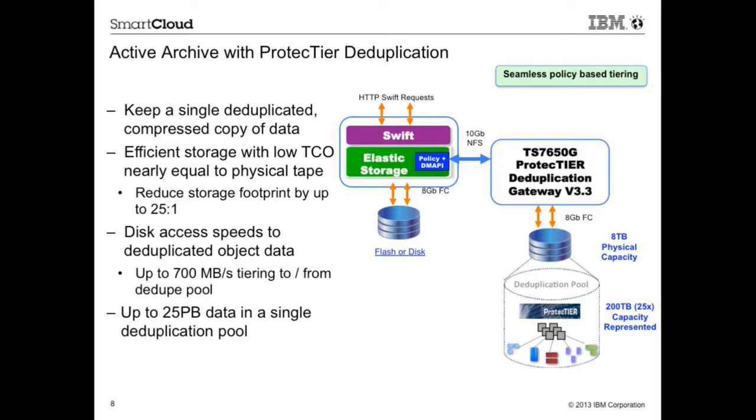This provides an extremely low TCO of your data, and depending on your data set, can reduce your storage footprint by up to 25 to 1, while providing continuously fast access to your data, which can down and up tier data at up to 700 megabytes per second and store 25 petabytes of data within a single deduplication pool.